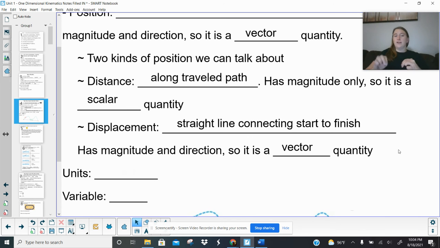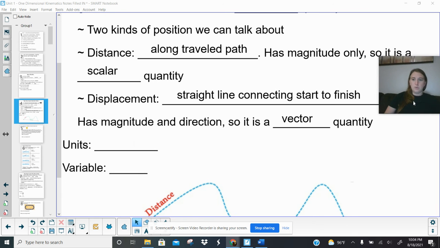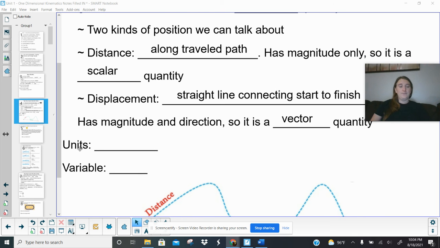So it has to be a vector. In order to say displacement, I need to say something like, I traveled 50 meters directly north from here. I may have woven back and forth along my path, but I ended up 50 meters straight north. That is displacement. That's the difference between displacement and distance.